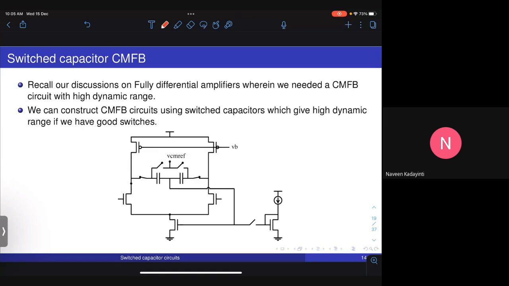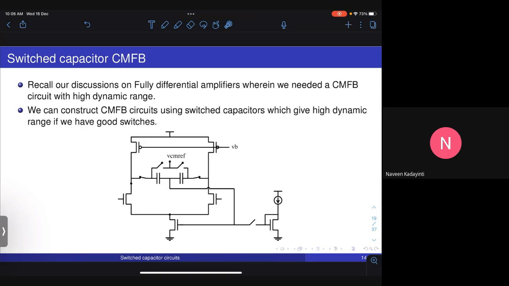So we can construct this CMFB circuit using switched capacitors, which give high dynamic range if we have switches with good dynamic range. That we already know how to make. So this is a simple circuit to detect the output common mode and generate the common mode feedback.